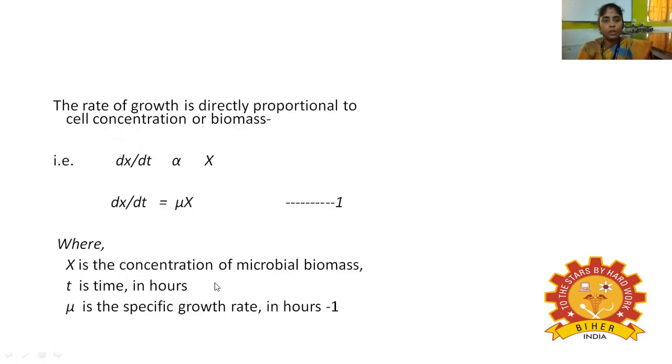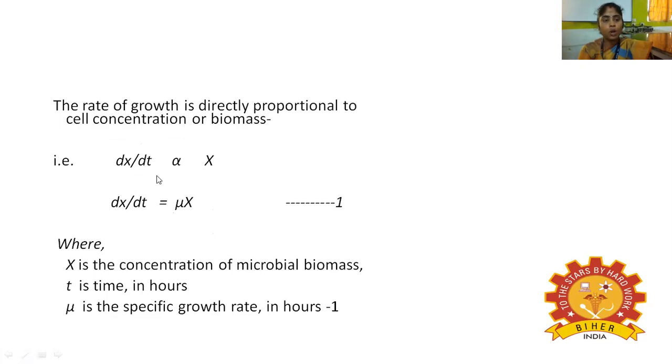Next, when we talk about the exponential phase, the cell growth in the log phase is directly proportional to the concentration of biomass, that is, the cell concentration. That can be written as dx by dt is directly proportional to x.